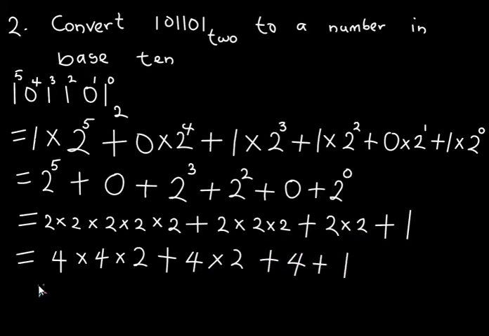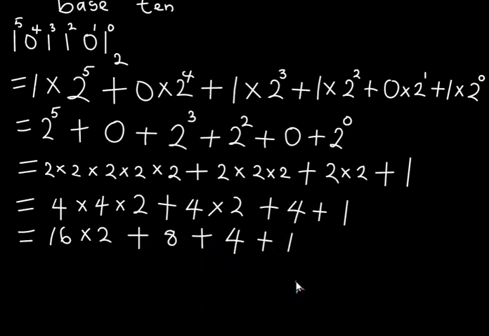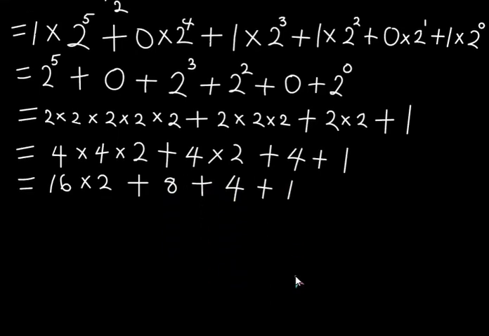Plus 1, right? Then we have here 4 times 4 is what? 16 times 2, then plus 4 times 2 is what? 8, right? Then plus 4, and then plus what? 1.